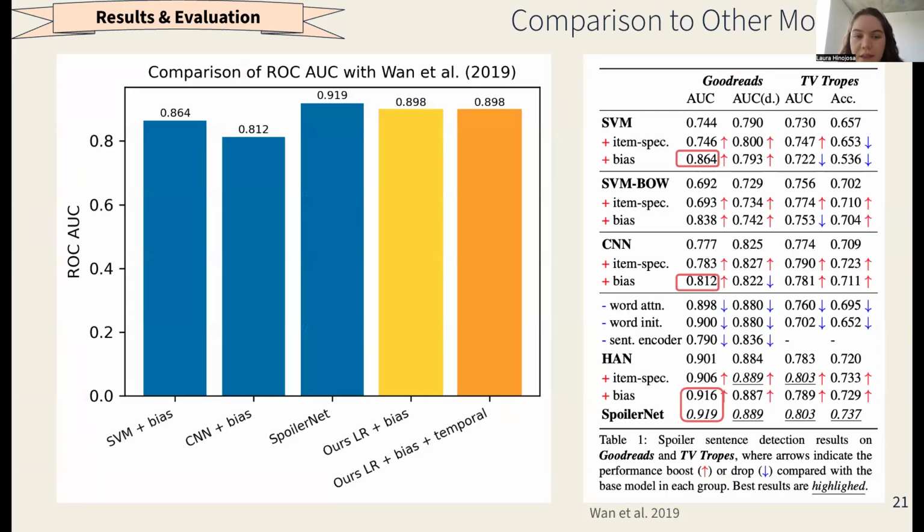But one thing that we were really interested in when we saw these numbers was that our approaches, here the bars in yellow and orange, actually perform surprisingly well compared to these more complex architectures that were used in the paper. Our approaches beat the support vector machine and the convolutional neural network, and they come fairly close to SpoilerNet, which is pretty nice.